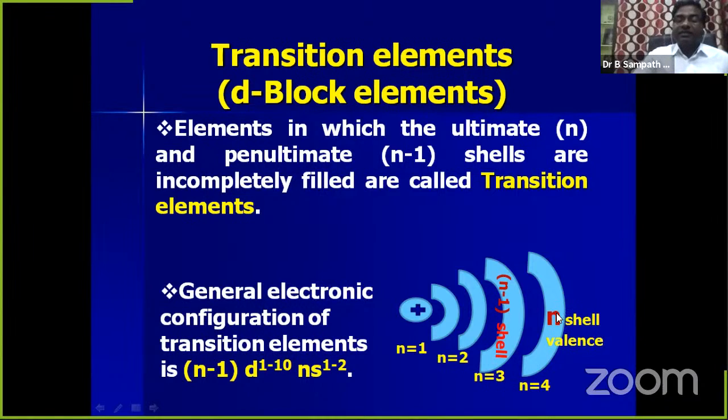This last but one is called the n minus 1 orbit, which is also the penultimate shell. When this nth shell and this n minus 1 shell are incompletely filled, then those elements are called transition elements. The general electronic configuration of transition elements is (n minus 1)d 1 to 10, ns 1 to 2.